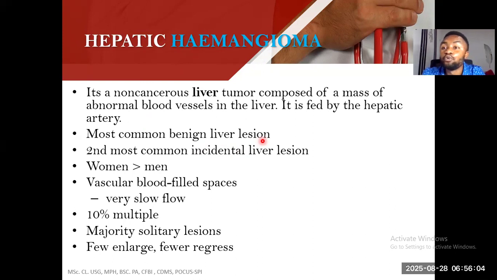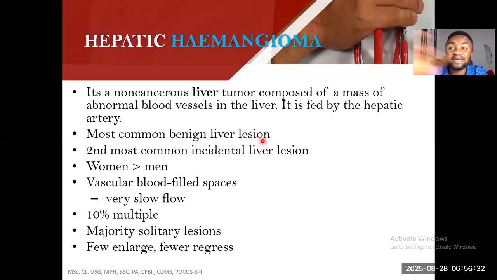Which of the following is the most common benign hepatic lesion? It is hepatic hemangioma. When the question says most common malignant liver lesion, then it is not hemangioma, because hemangioma is not malignant. Do you understand? Okay. And it is also the second most common incidental liver lesion.